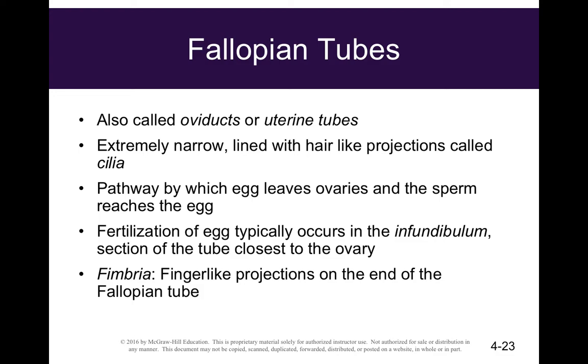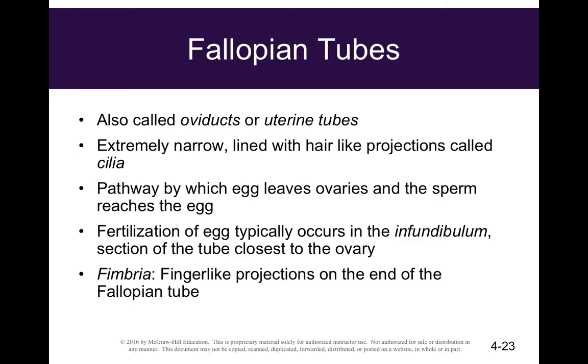The fallopian tubes, also called the oviducts or uterine tubes, are extremely narrow, and they're lined with hair-like projections that we call cilia. The cilia help the egg to move down the fallopian tubes into the uterus. So fallopian tubes are the pathway by which the egg leaves the ovaries, and it's where the sperm generally reaches the egg.